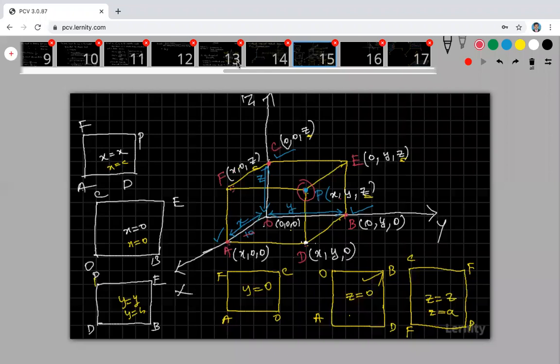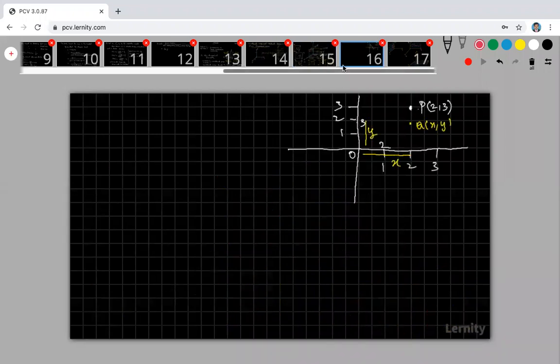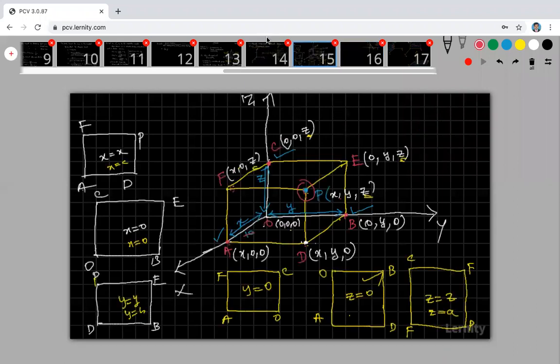Rahul, finished, Rahul, this one? Nothing is there in the 16th. Right, now students come to that. I will show.